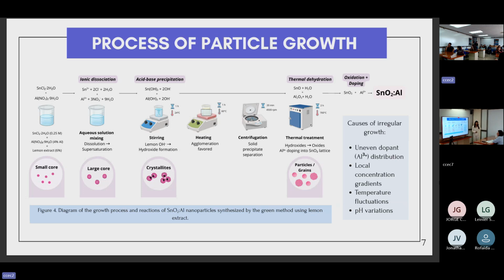That means that it has a good size. So it means that the aluminum with the nanoparticles is developed.